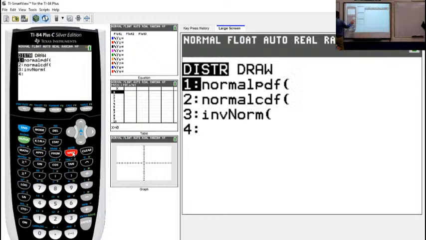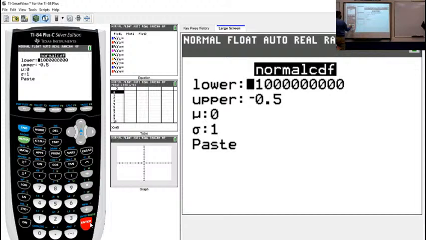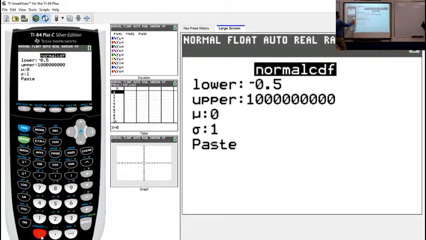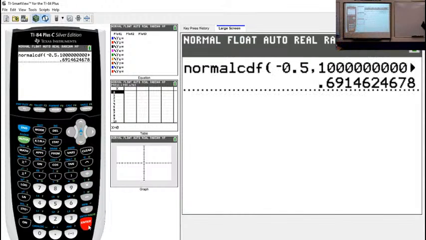So we go second vars, normal CDF. This time our lower is negative 0.5. And then our upper, how big do we want it? As big as possible, so we put a really big number in. Mean is 0, standard deviation of 1. About 0.6915. Same thing we got.